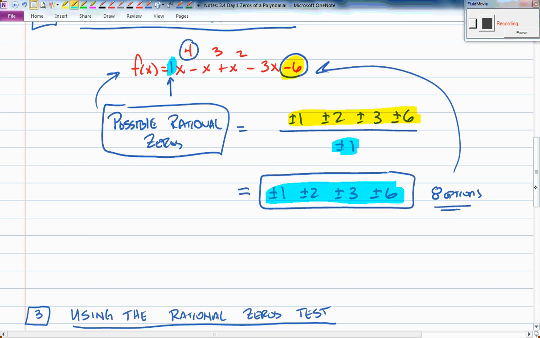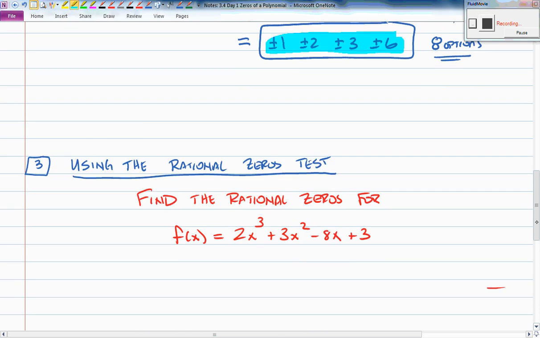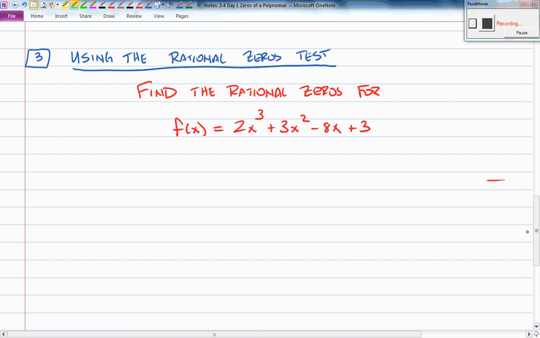All right? So how do we use the rational zeros? Okay, so find all the rational zeros for this particular function. First we're going to generate our list. So all the possible rational zeros are going to be, let's see, all the factors of 3 is going to be plus or minus 1, plus or minus 3, divided by all the factors of 2, so plus or minus 1, plus or minus 2.